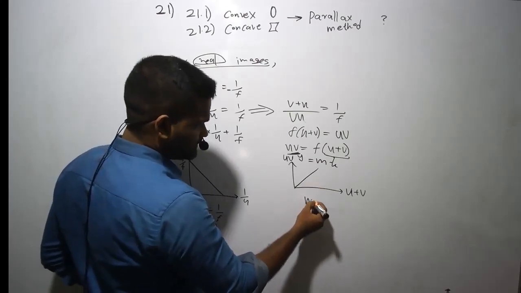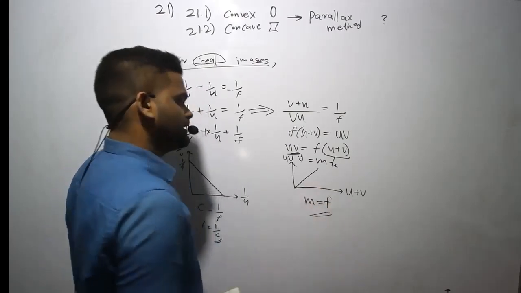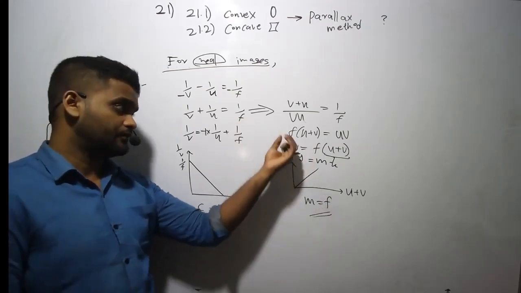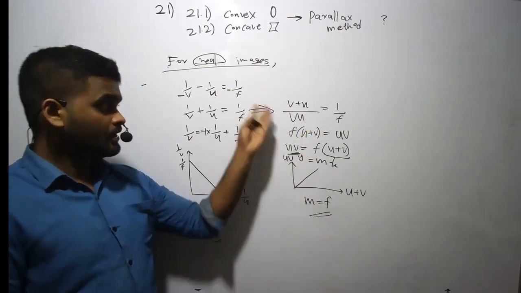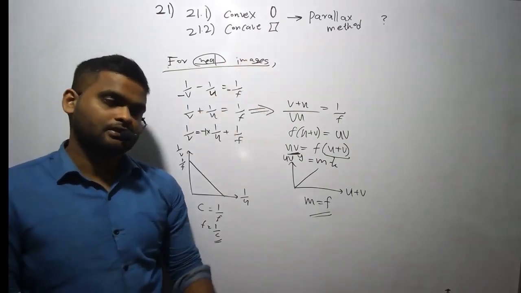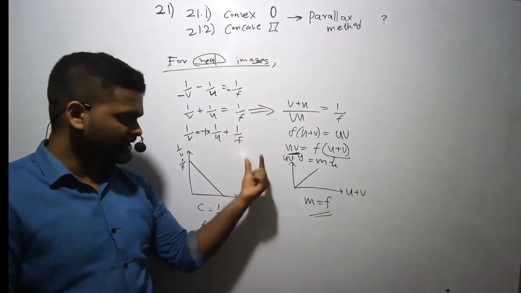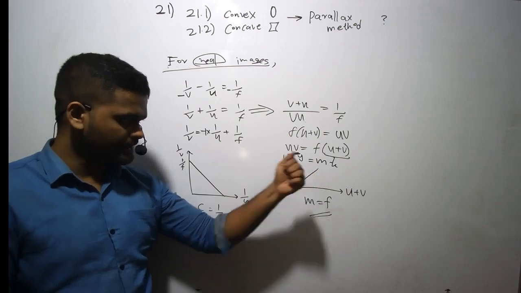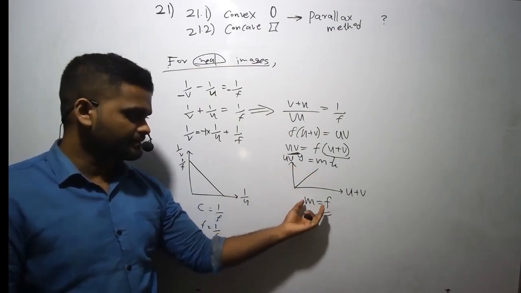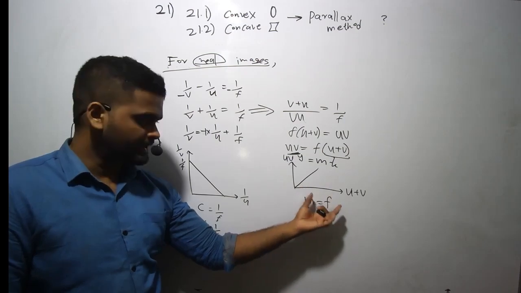So the gradient of this graph is equal to what? Focal length. Already you have coordinates for U and V, 6 coordinates, so you can draw these graphs as well. In the exam, you might get graphs related to these, so you should know. In this case, gradient is equal to focal length.